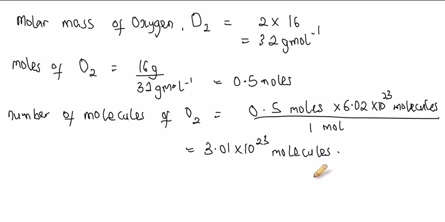So we've gotten the number of molecules present in both hydrogen and oxygen. The next thing now is to determine the ratio of hydrogen to oxygen.